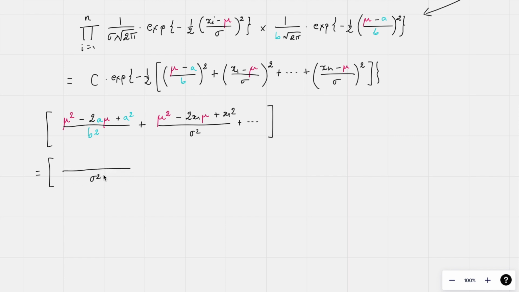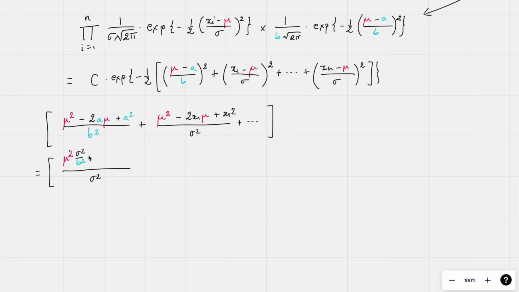And to obtain this, what I need to do is to say that I have mu squared here times sigma squared divided by b squared. So when I express things this way, then this allows me to put everything over sigma squared.